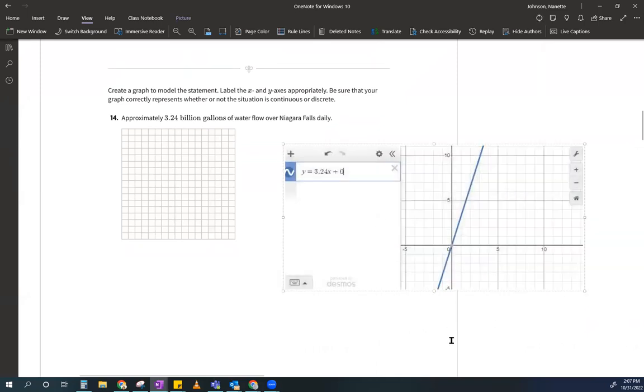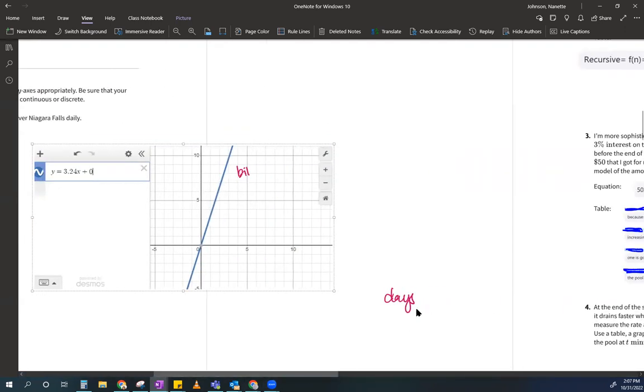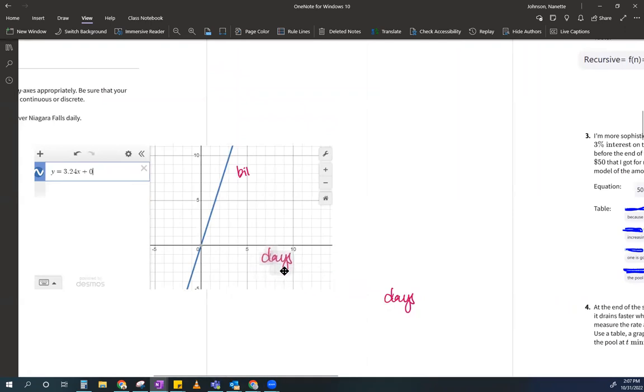So here, this is going to be days, and this is billions. And then this is water. Oh no, I moved it. I forgot that I moved it. Sorry, let me grab this, put it here, and then I'll wait for that to go.